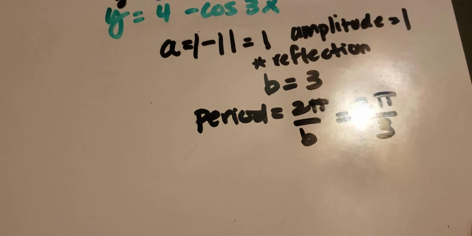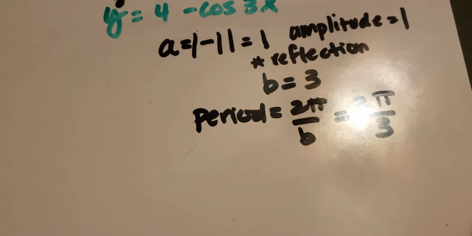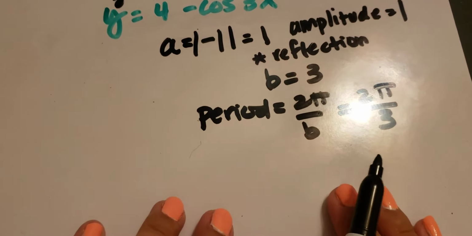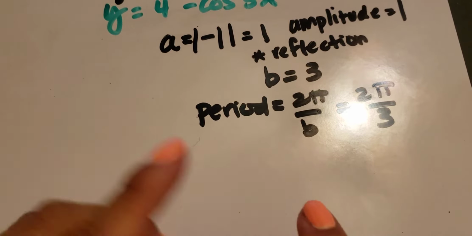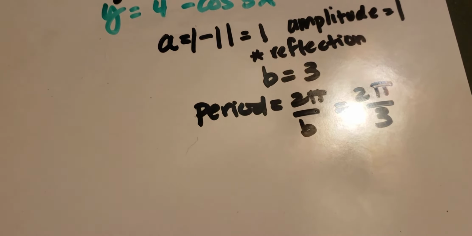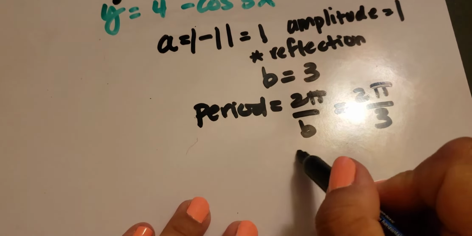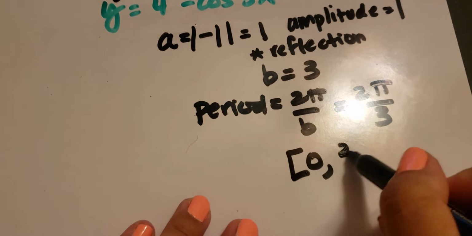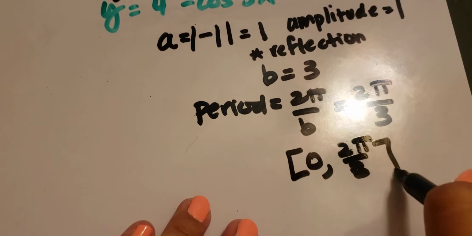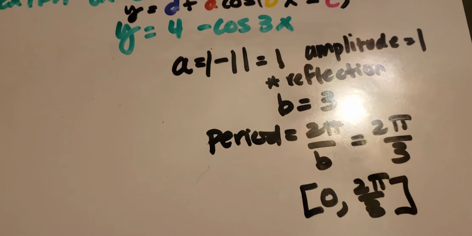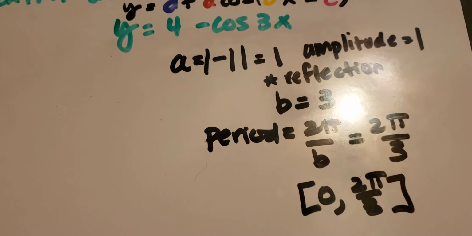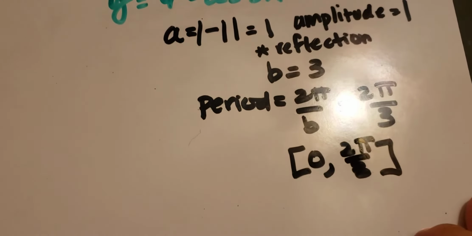I know some people were wondering what our period is for. It helps us find our interval, because your period is like your domain. It's one full cycle, so we know we're going to start at 0 and end at 2 pi over 3. In the book they'll ask you to graph 2 full periods.